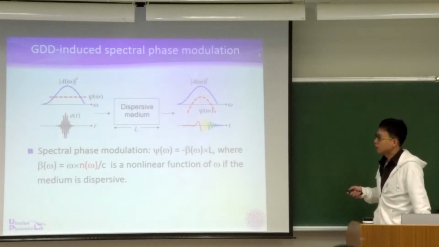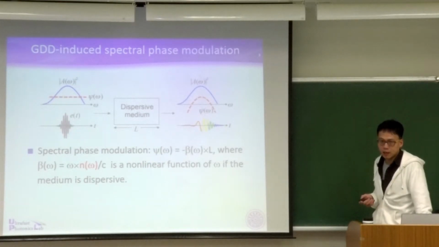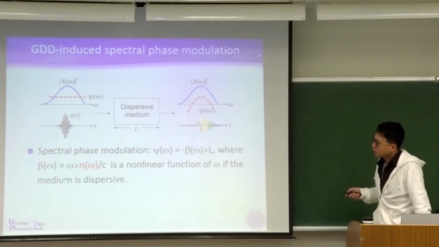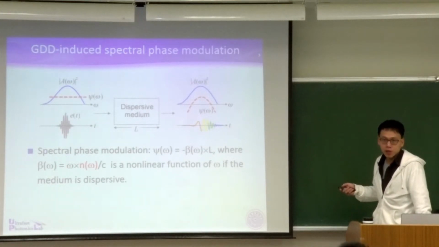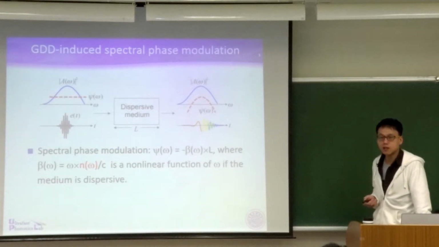And then you can identify that beta of omega is actually a nonlinear function of omega as long as your medium is dispersive. What is the meaning? It means n of omega is a function of frequency. And you have omega already there, so their product must be nonlinear as long as n is not a constant.